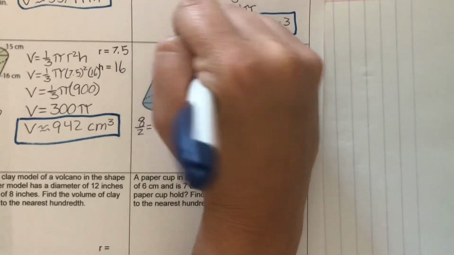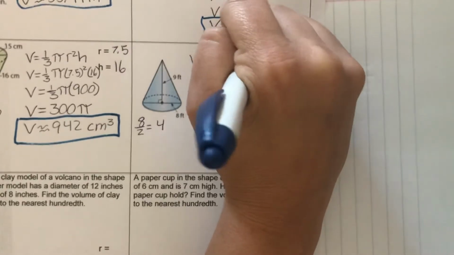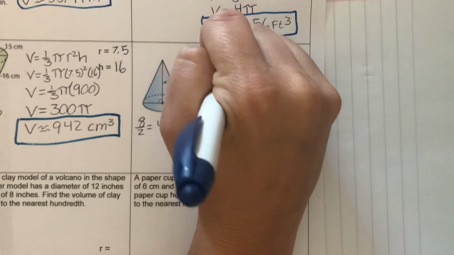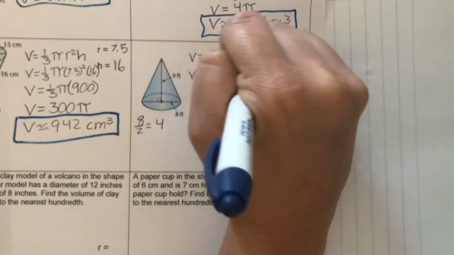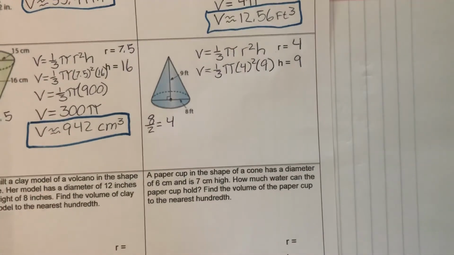Write out the formula, then substitute those values in. So for my radius is 4 squared times the height, which is 9. Can use that calculator.